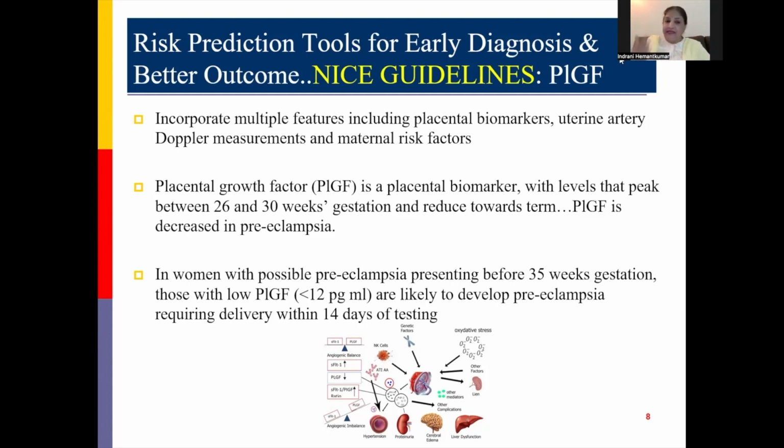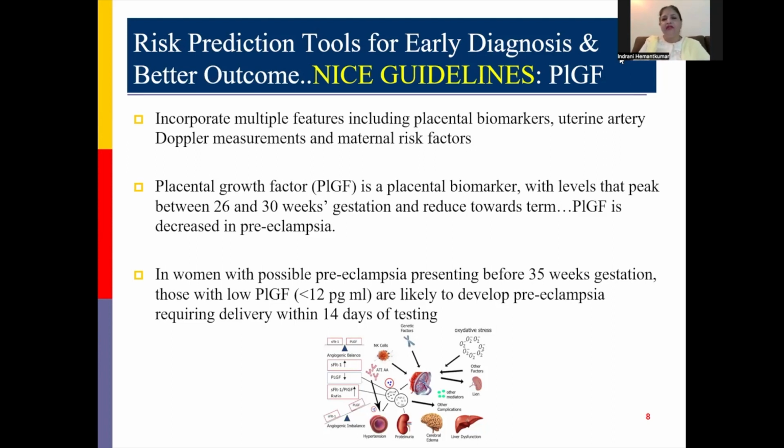They have tested multiple things, and they have come out with a guideline wherein they can identify those who can develop preeclampsia much earlier. So what are they? One is placental growth factor or other biomarkers, uterine artery Doppler measurements, and maternal risk factors.